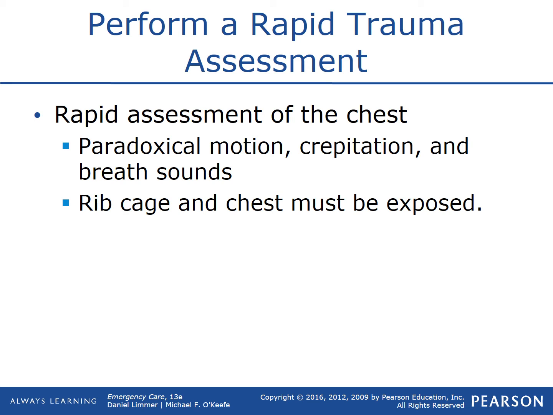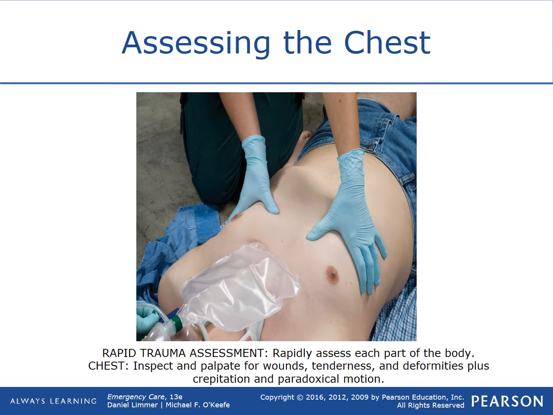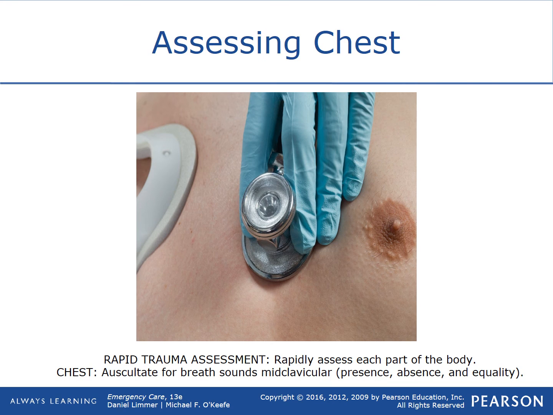You just want to make sure you hear them and they seem to be the same bilaterally. So as you're assessing the chest, you're pushing on the sternum and squeezing on the ribs. Then you're auscultating mid-clavicular line.